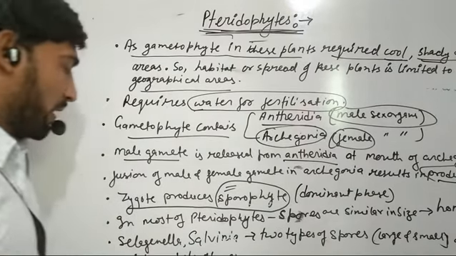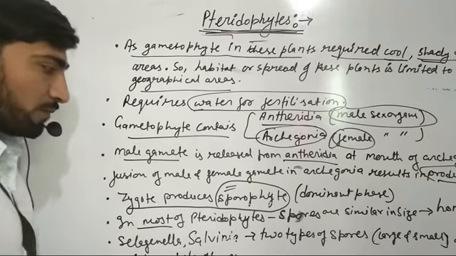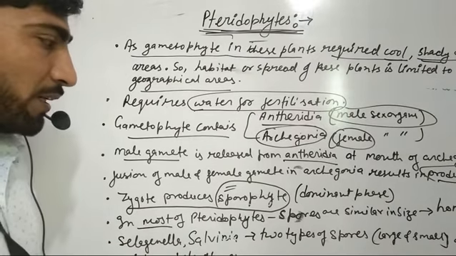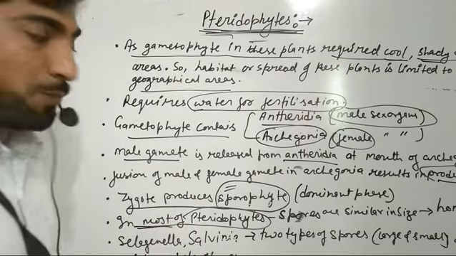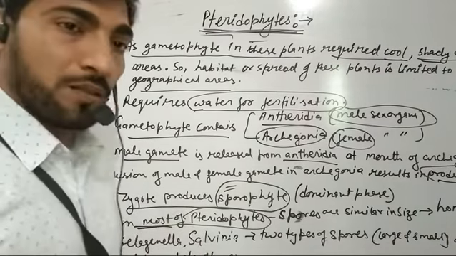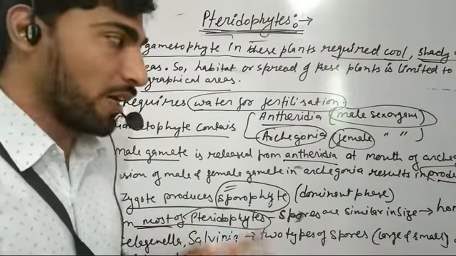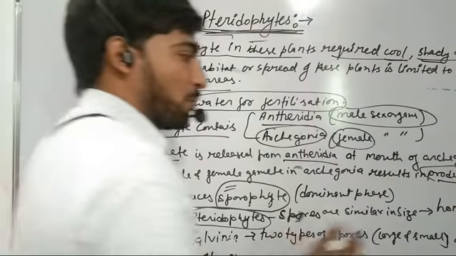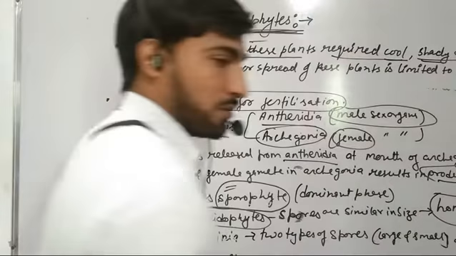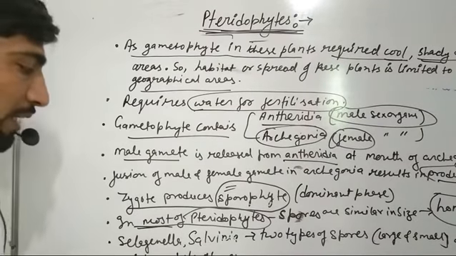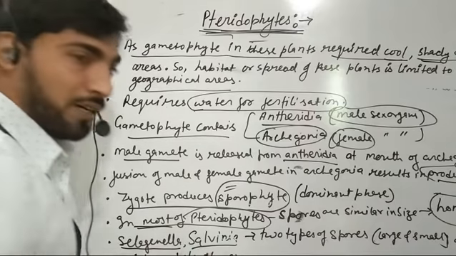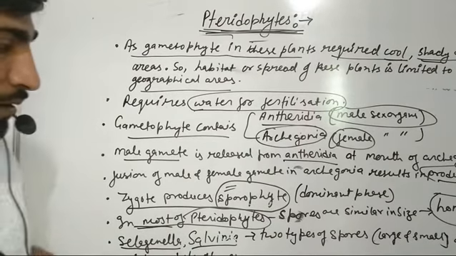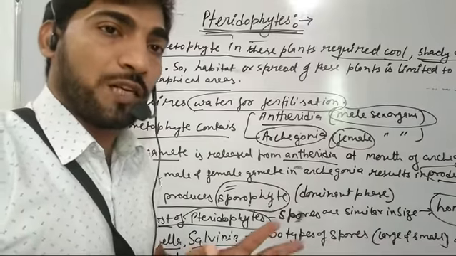Now, the spores which are produced by the sporophyte: in most pteridophytes, these spores are similar in size or identical, and such spores are known as homospores. Whereas in pteridophytes such as Selaginella and Salvinia, they produce two different types of spores.